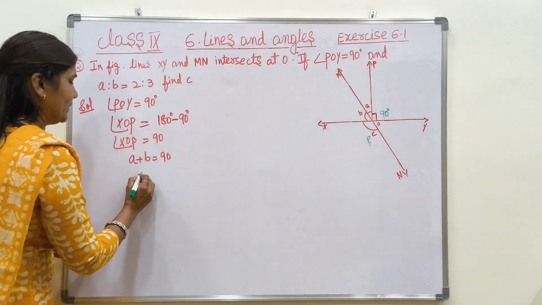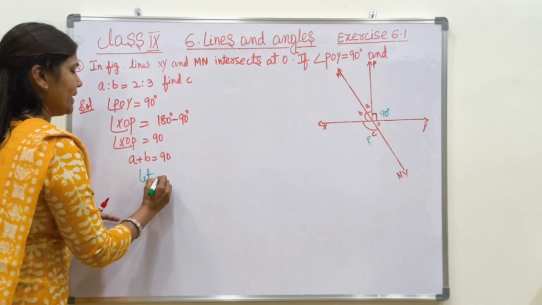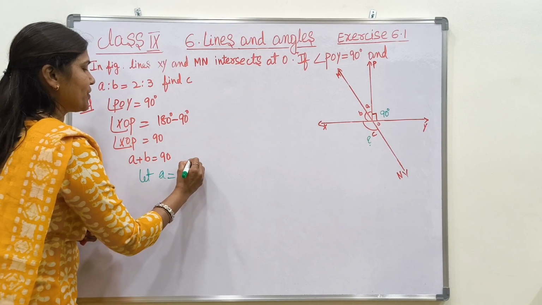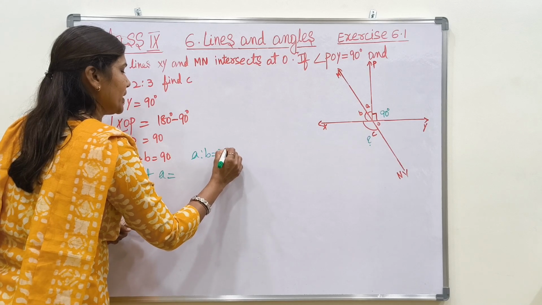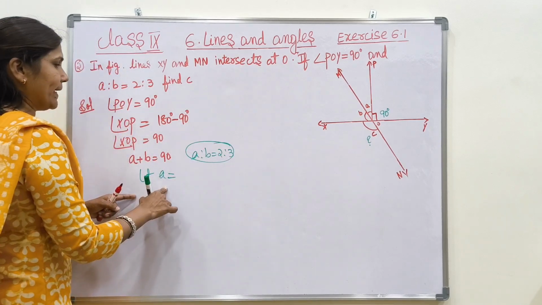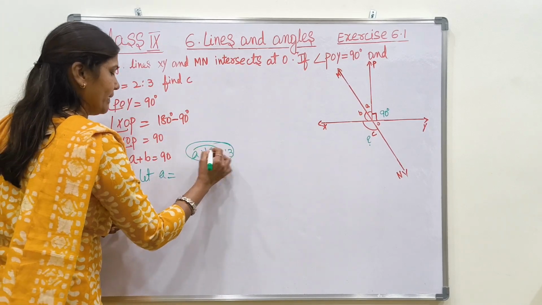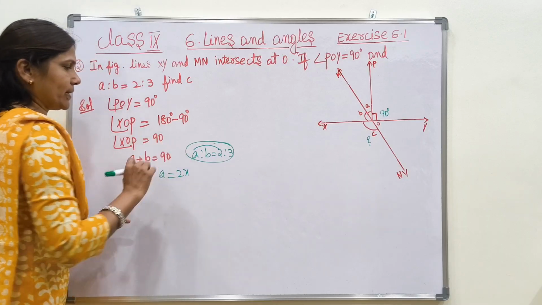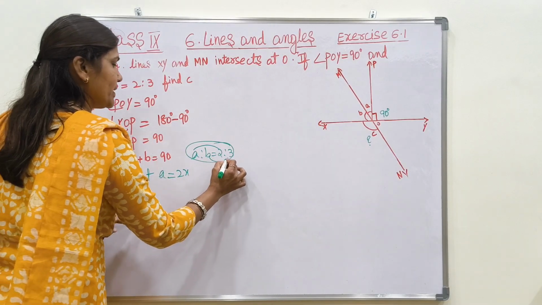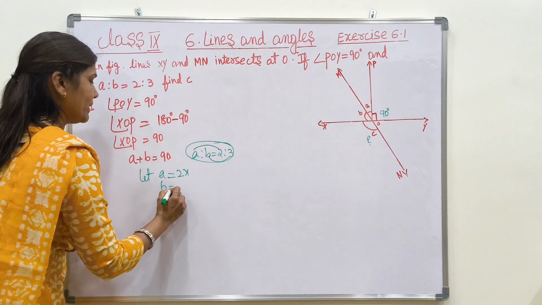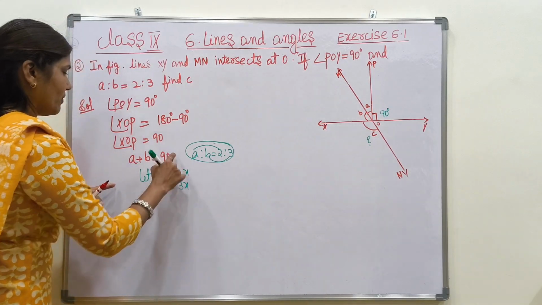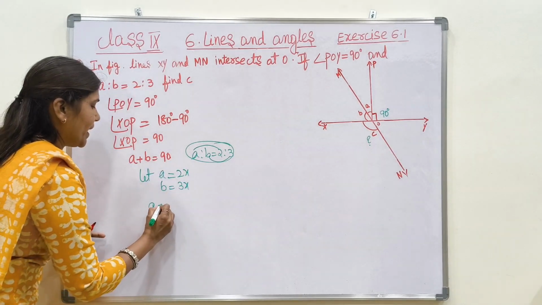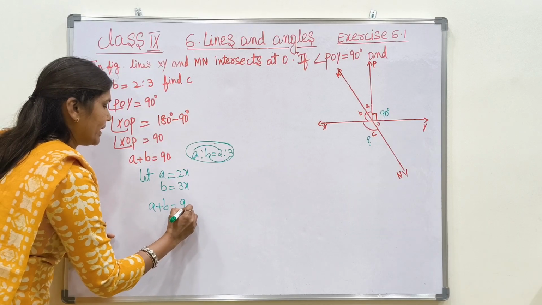Now let A, A is to B is equal to 2 is to 3 ratio is there. So let A is equal to 2x and B is equal to 3x. Okay. Now A plus B is equal to how much degree? 90 degree.